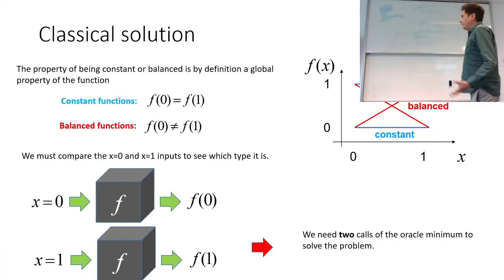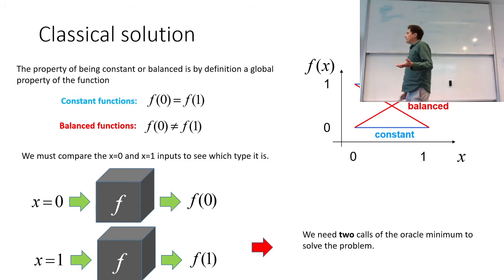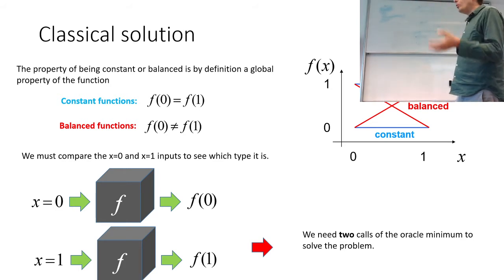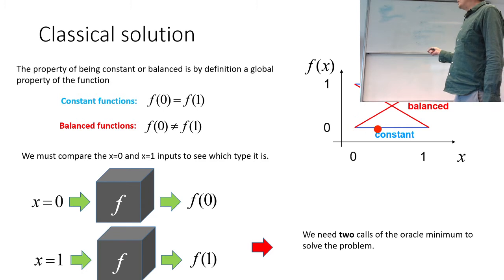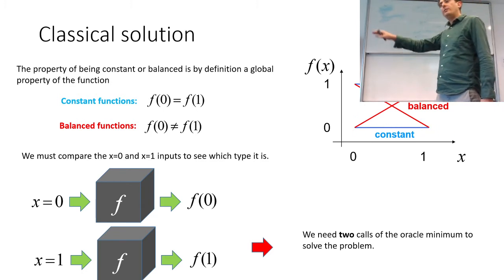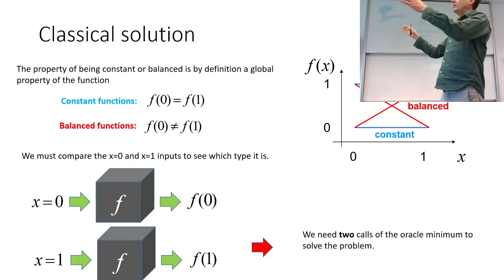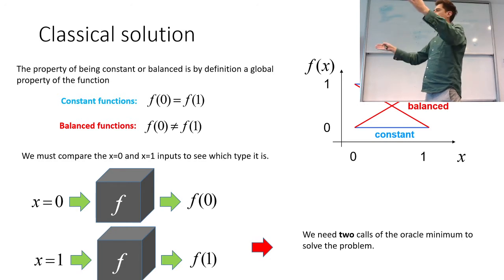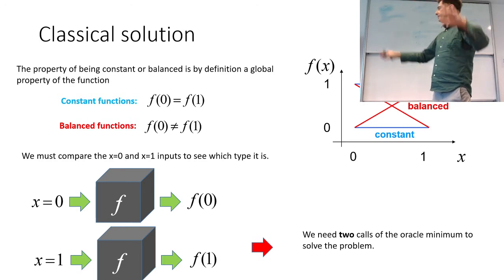And the thing about this problem is that classically you need definitely 2 calls of the oracle in order to figure out which class it is, because the way that we've defined these 2 groups, constant means it's flat. How do you work out if a function is flat other than taking 2 points and then figuring out, oh, it's the same for each one, so it's flat, right?